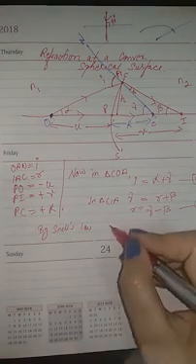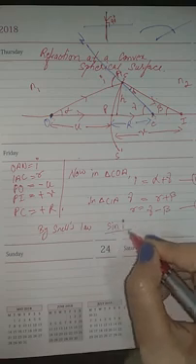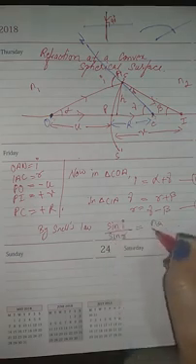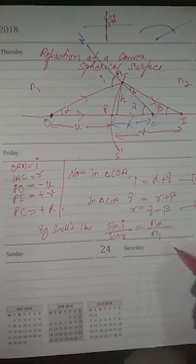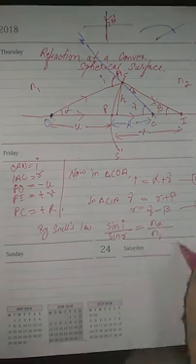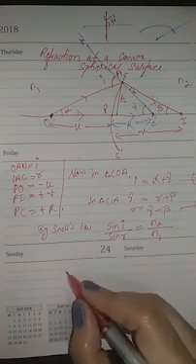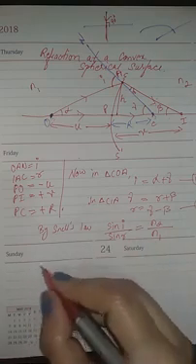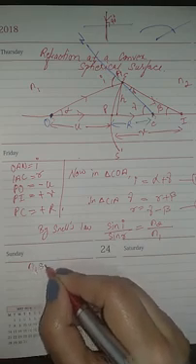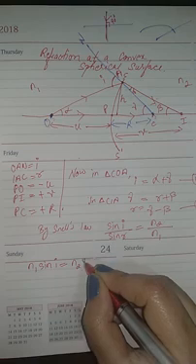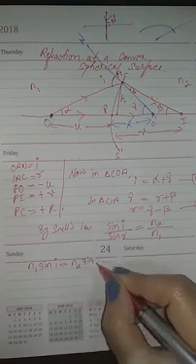Sine i divided by sine r is equals to refractive index of medium 2 by refractive index of medium 1. If you cross multiply this, what we can write is n1 sine i is equals to n2 sine r.